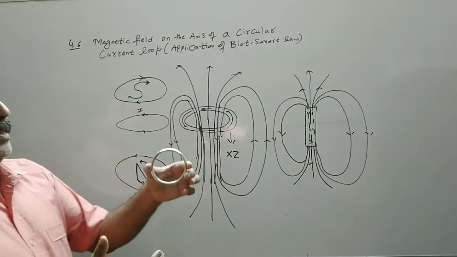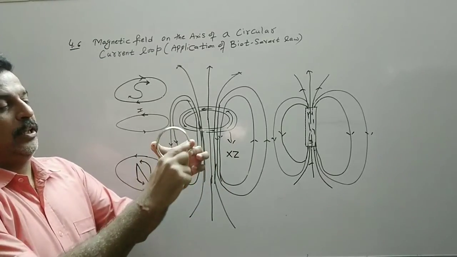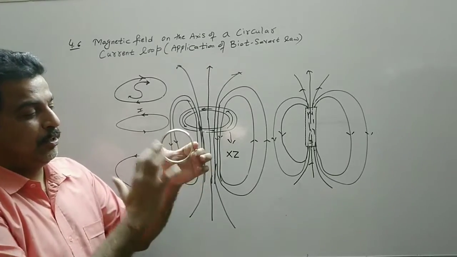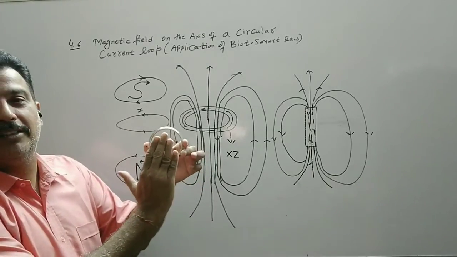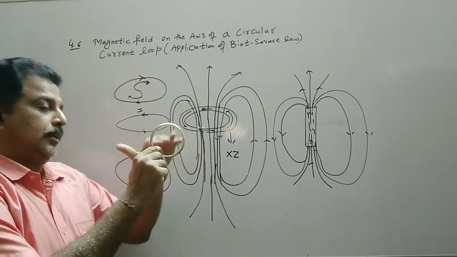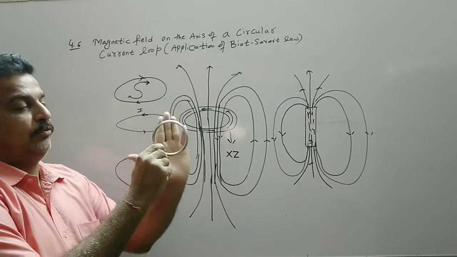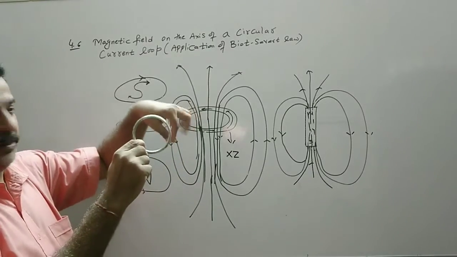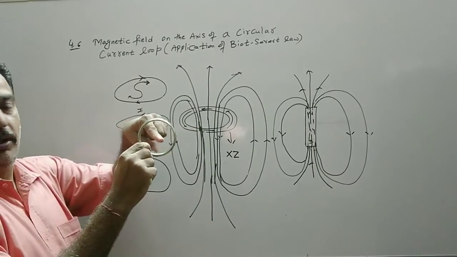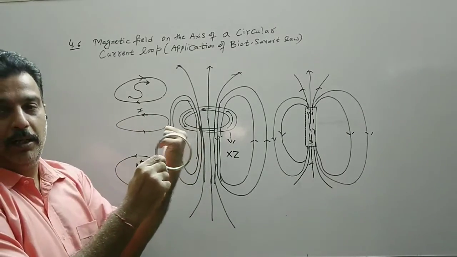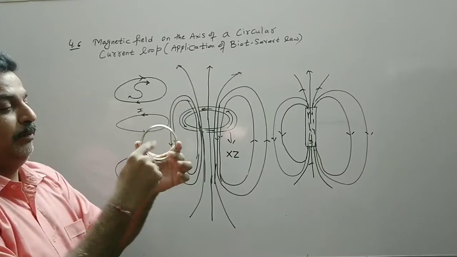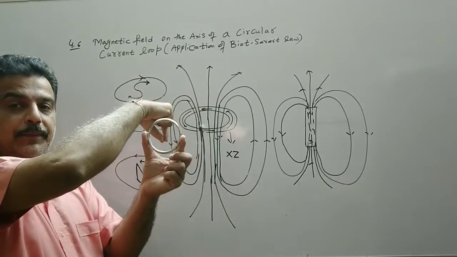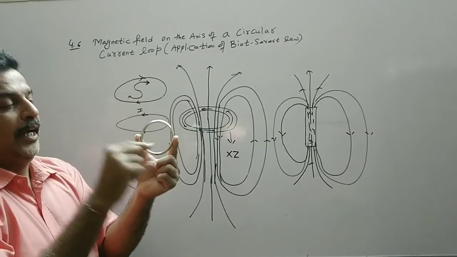So again, if the current is clockwise, instead of using the rule, this face will behave like a south pole, and the face opposite to it, from the back, is a north pole. So if I am watching this ring from the back, it is the north pole. The field lines will come outward. Along the axis, the direction will be inward at my point here.